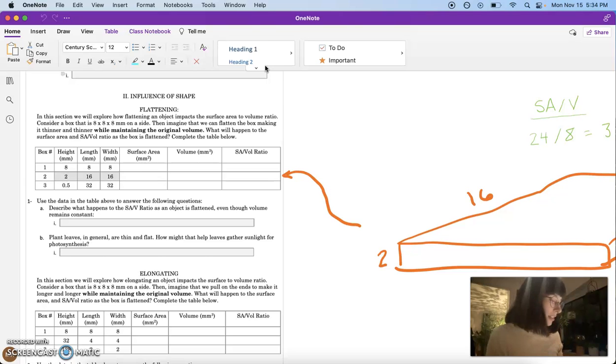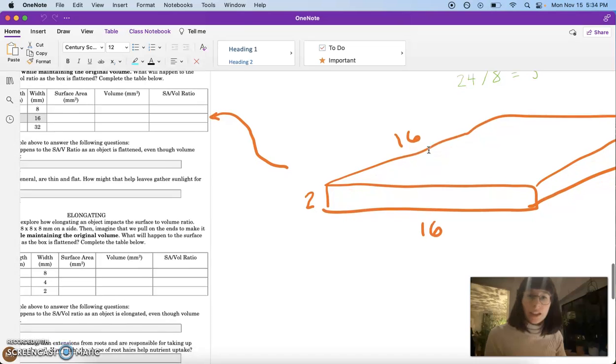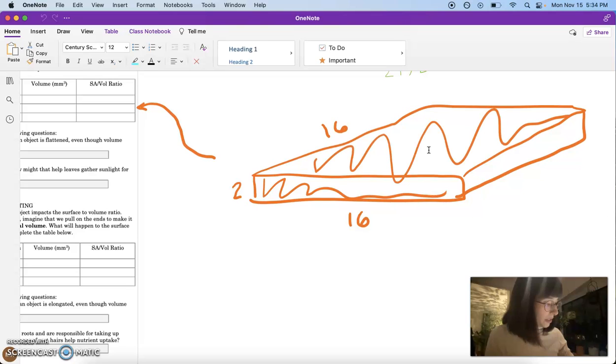And the surface area, same idea applies. You are going to be taking the amount of contact that this has with the outside, basically. So you're going to take the area of each of these faces and sum it all up. So let's start with this first face here.